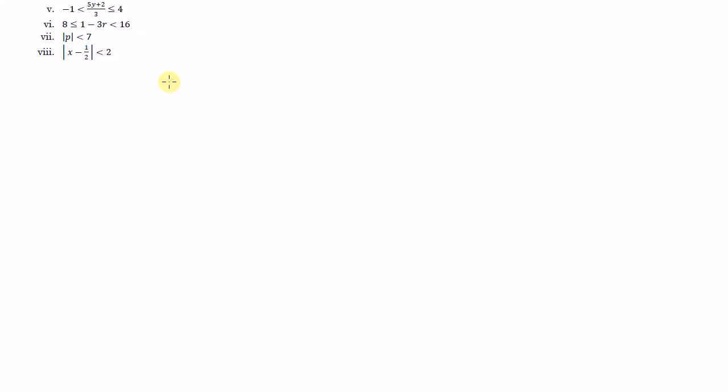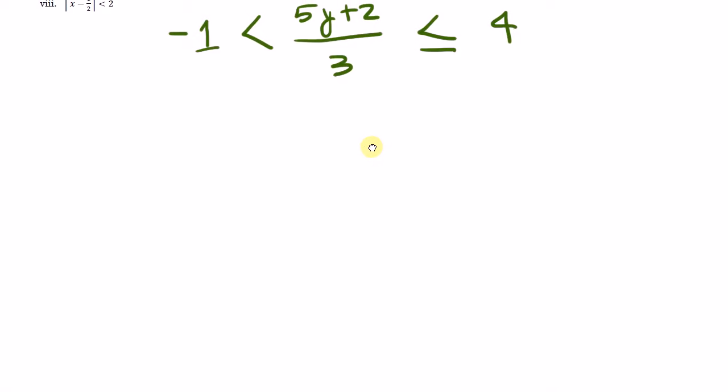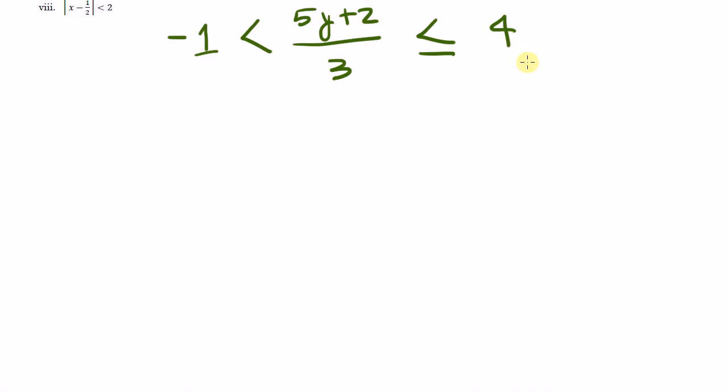Okay, so now we get into something a little more fancy. So -1 is less than (5y plus 2) divided by 3. And that has to be less than or equal to 4. Alright, so I'm going to multiply both sides by 3. -1 times 3 is -3.